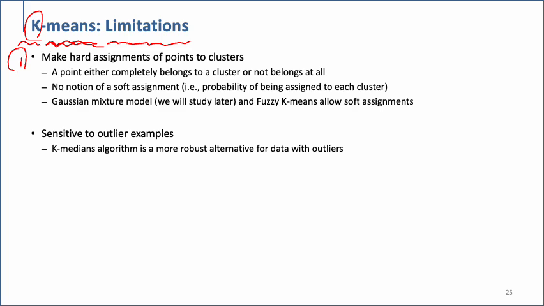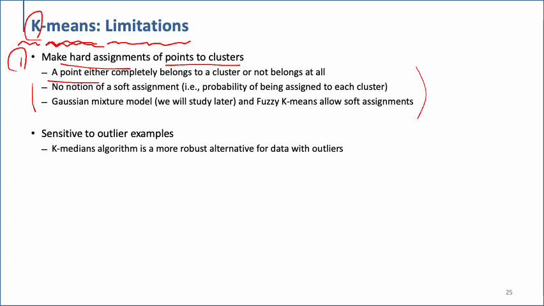Firstly, there could be cases where it is hard to assign points to clusters. A point either completely belongs to a cluster or does not belong at all. In this case, it is difficult to assign points to clusters.